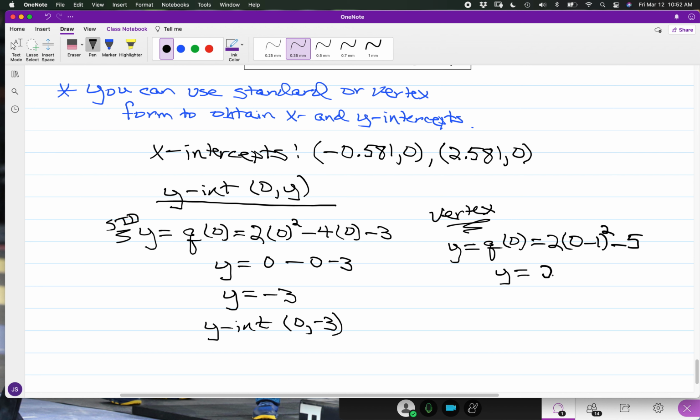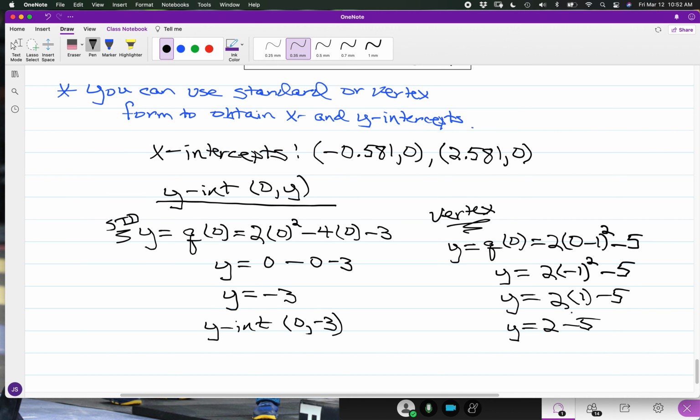Zero minus 1 is negative 1, and the square of negative 1 is going to be a positive 1. And 2 times 1 is 2, minus 5.